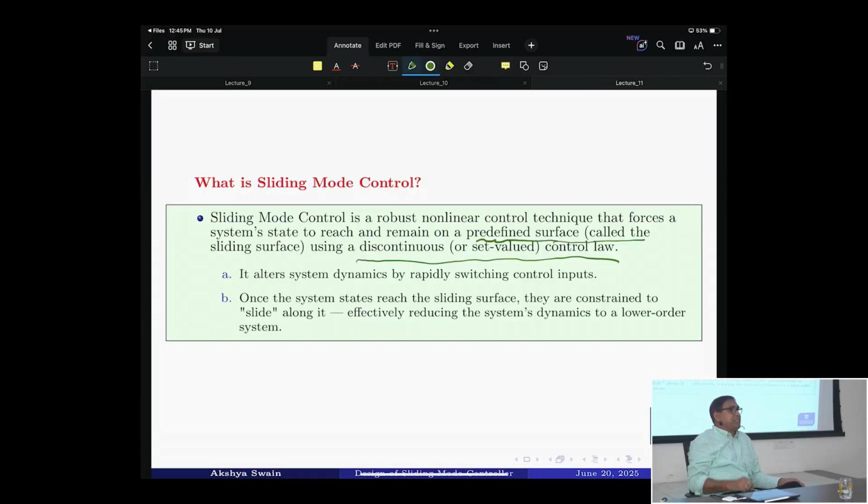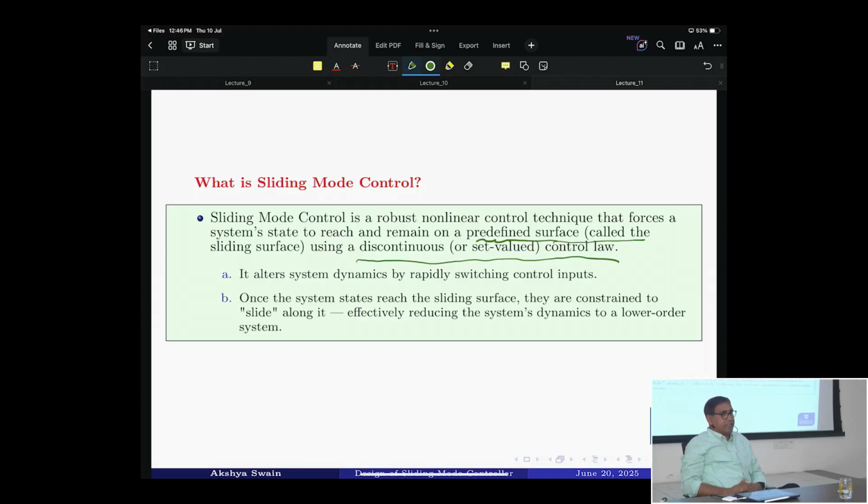You should be able to reach there. Not that it is always possible. Otherwise, anybody can put the system in any place, right? So design a sliding surface, and find out that it is possible to find a control law which can drive the system to reach there. That is not possible for all cases, just like I told you. It's not possible to put you on Mars, right? Then the system becomes robust.